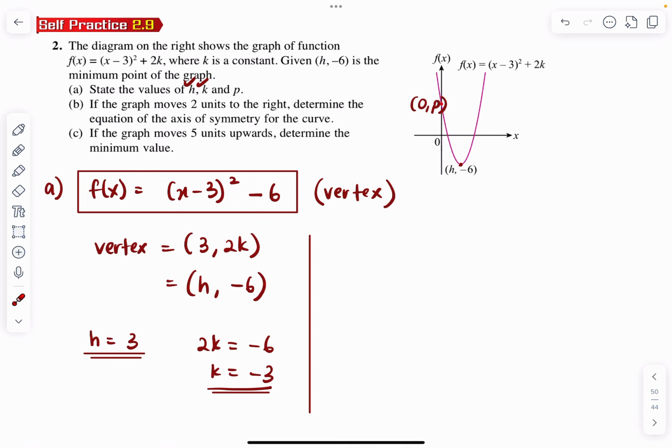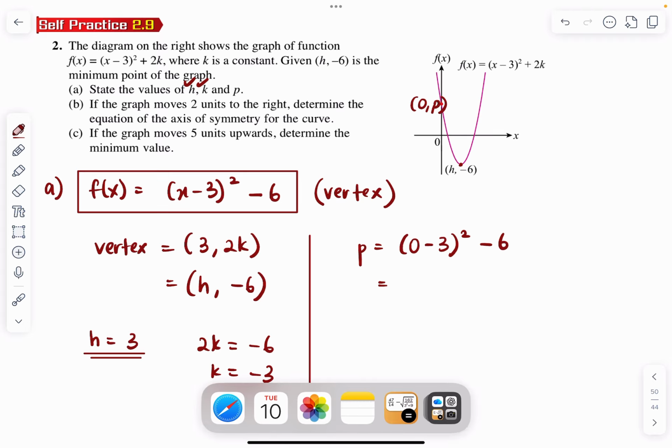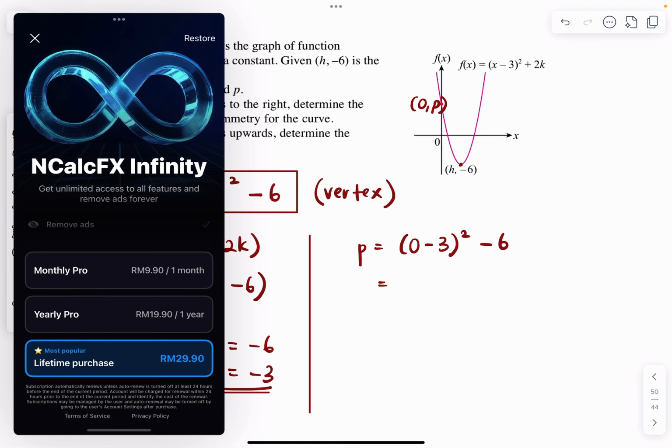So you just have to put the x and y value into here. f(x) is also the same as y, by the way. So x is 0, p is f(x). So you can say p equals 0 minus 3 squared minus 6. This one you can put in your calculator if you want.